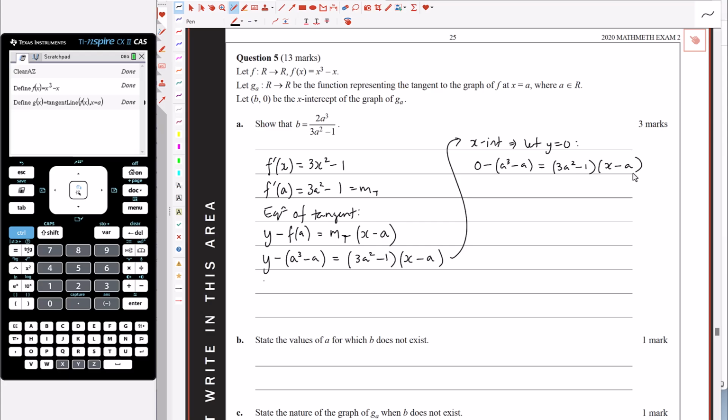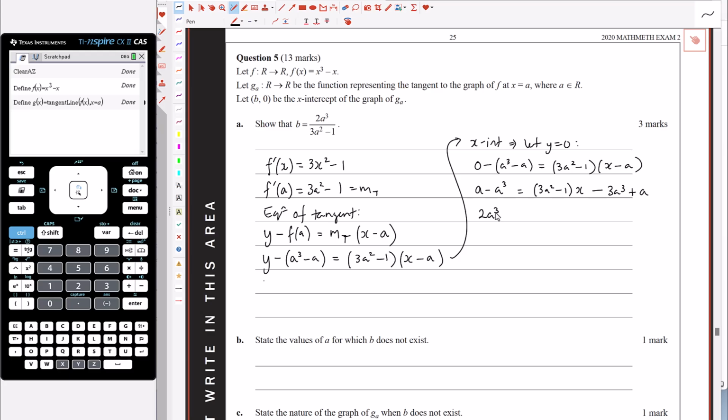And we want to solve that for x, so let's tidy things up a little bit now. So we're going to have a minus a cubed on the left-hand side here. We're going to have 3a squared minus 1 times x, minus 3a cubed plus a. Okay, let's collect those a terms onto the other side. So I'm going to add 3a cubed, which is going to mean I get 2a cubed.